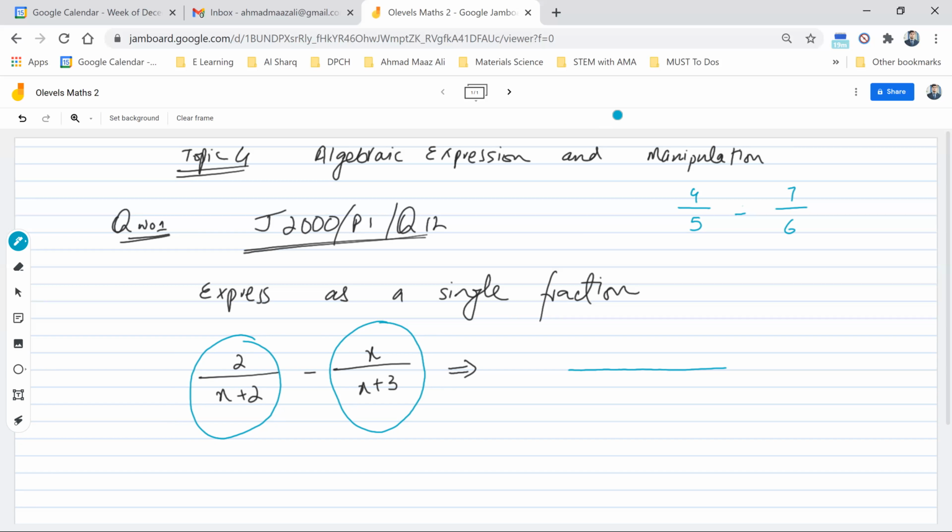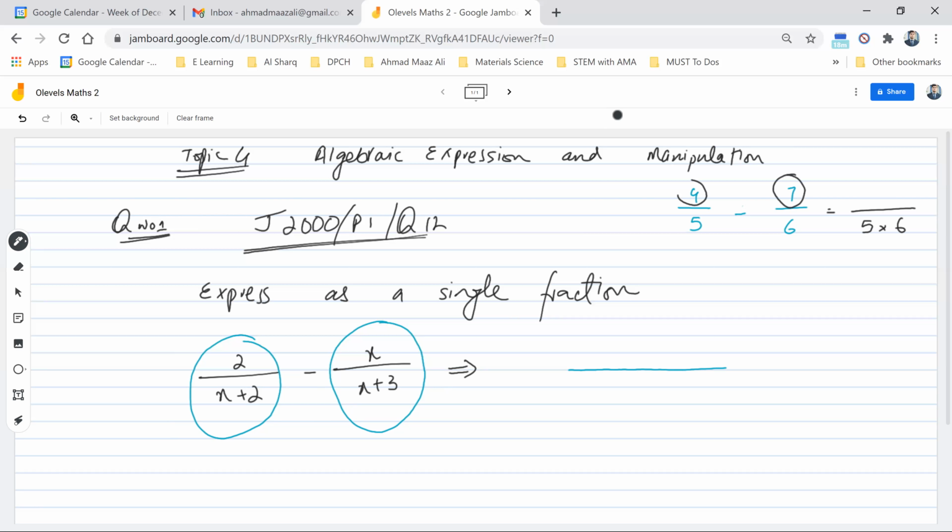Taking LCM. And how will you take the LCM? What are the two numbers of which you need an LCM? 5 and 6. What will be the LCM of 5 and 6? 30. How do you get that? You get that by doing 5 multiplied by 6. Yes. Right? Okay. So what do you do with this 4 and 7 now?